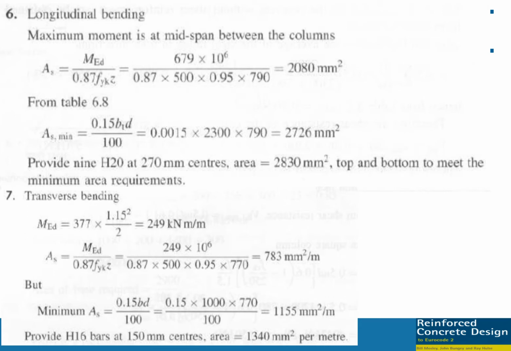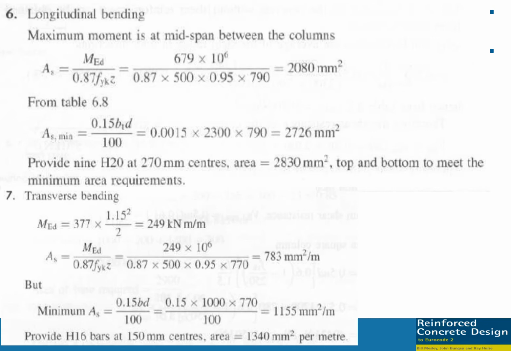Once we have the bending moment diagram and shear force diagram, the next step is to design the reinforcement bars by using the longitudinal bending that we obtained from the previous slide. You can see here As is MEd divided by 0.87 fyk z. So we have moment 679 and then convert to Newton mm by multiplying by 1 million.